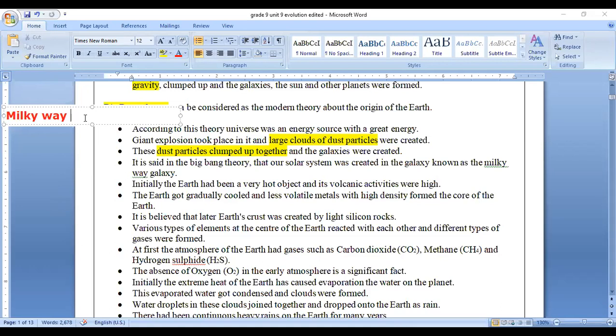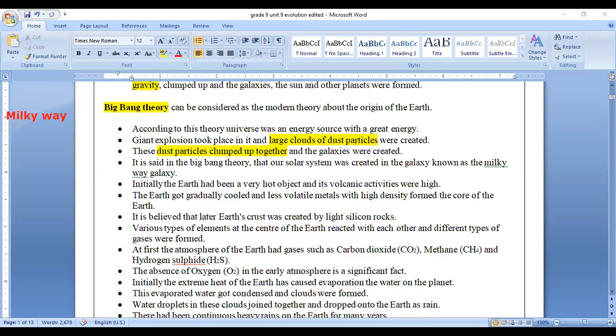Why so? In the Milky Way galaxy, the solar system is located. Right? Milky Way galaxy, if you notice, is a master structure, right? It's a master structure there.